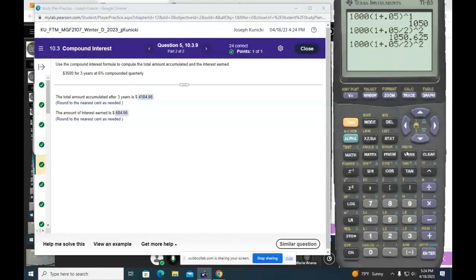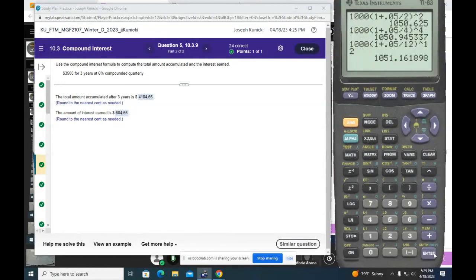Now let's do it quarterly. So now I'm dividing by 4, and the exponent becomes 4 because there's 4 quarters. I'm only doing it for 1 year, just to show you the difference. So now I got 95 cents extra. So now let's do it monthly. So that's 12, caret 12.